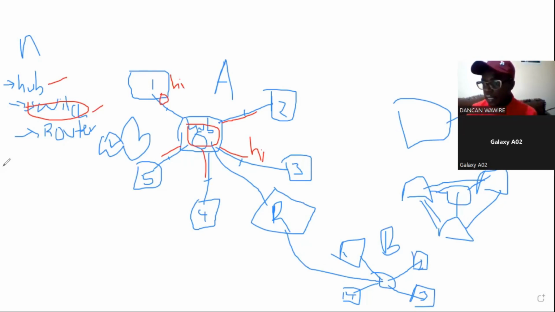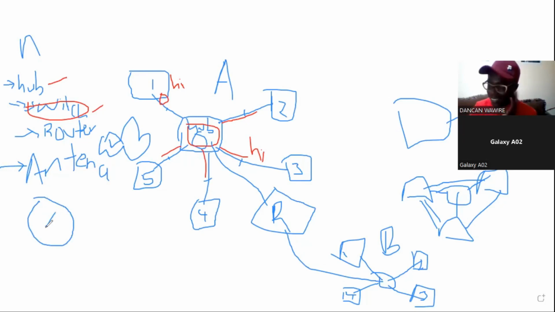Okay, now the other devices I just mentioned. We have antennas. Antennas of so many names. I'll give you an example of a few. We have this thing we usually call a beamer. It's like a dish, maybe a dish, just not a satellite dish.